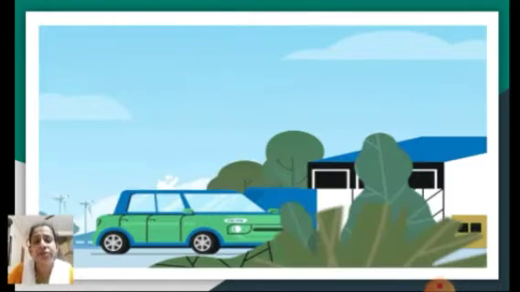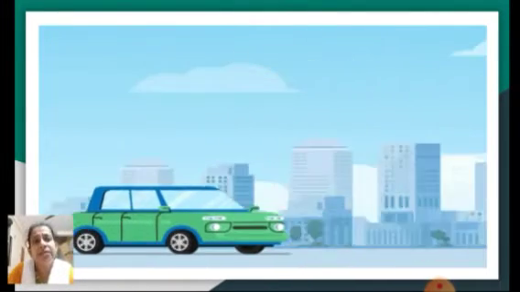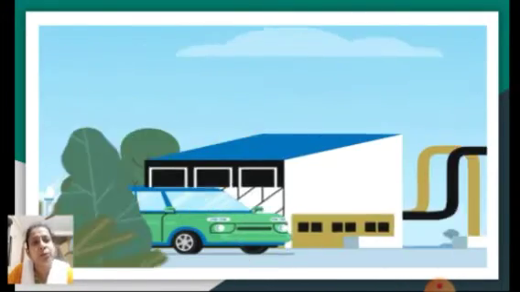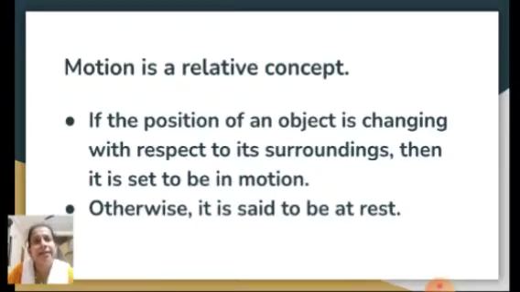Let's try to conclude what we have just thought about the two questions. The first question says that motion is a relative concept. For one person, the other person may be in motion, but for some other person, that person might be at rest. So it is a relative concept with respect to the observer.